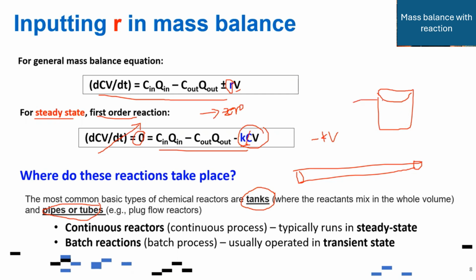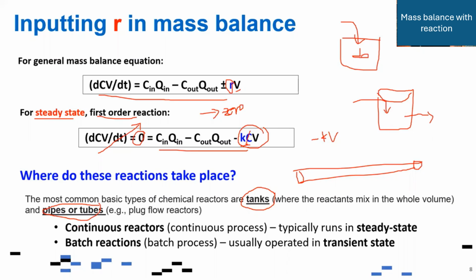There we can input something inside and output something outside, or you can just leave the tank on its own. You can put something inside and make some reaction going inside, just stirring. These kinds of processes are what we call reactors, the container, the place where the reaction is ongoing.